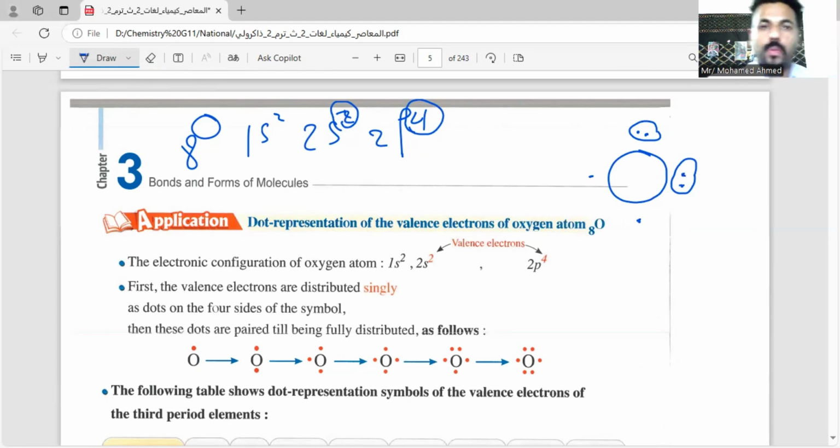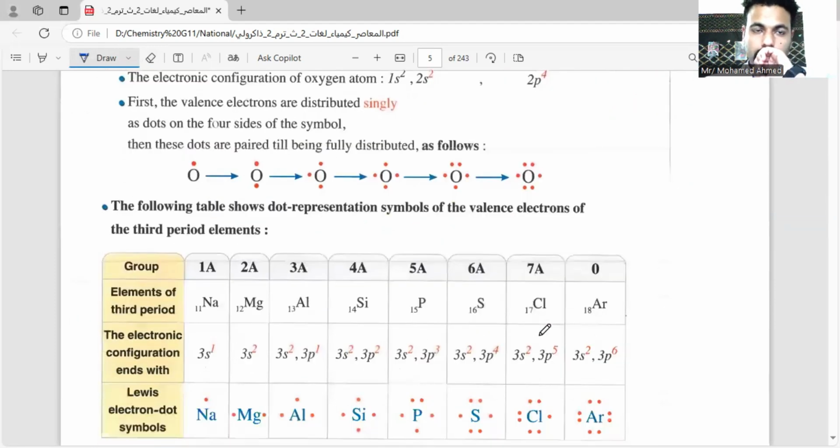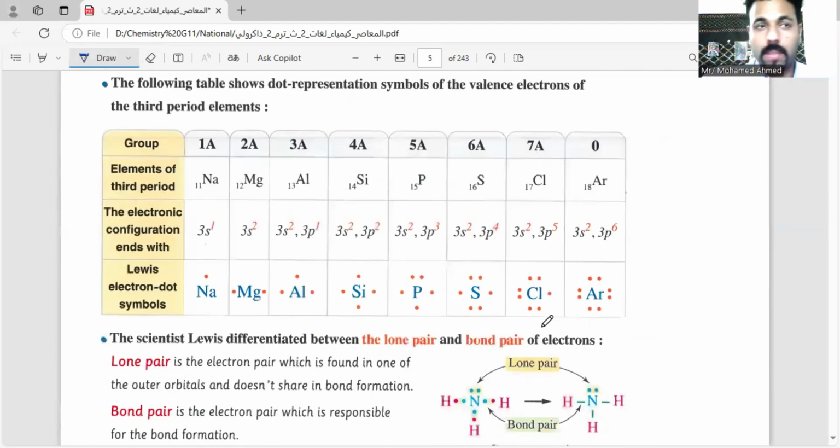Here are other examples of the symbols of the other elements by Lewis way. Here we have sodium has one valence electron, magnesium has two valence electrons, aluminum has three valence electrons, silicon has four, phosphorus has five, and as you see here, this one is called a lone pair.